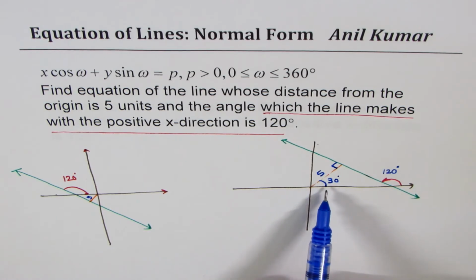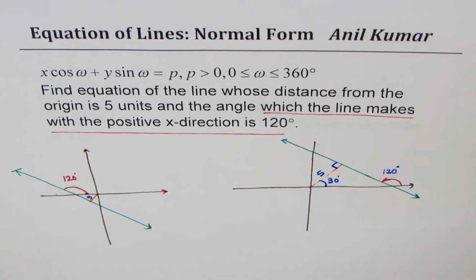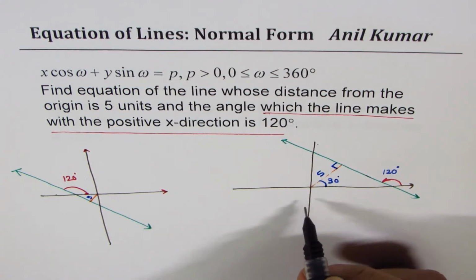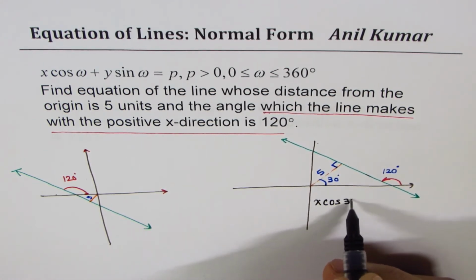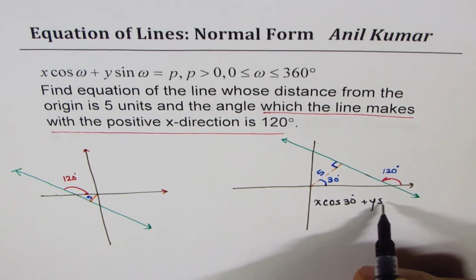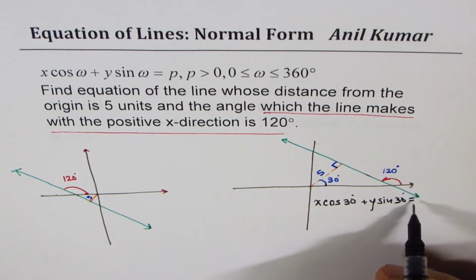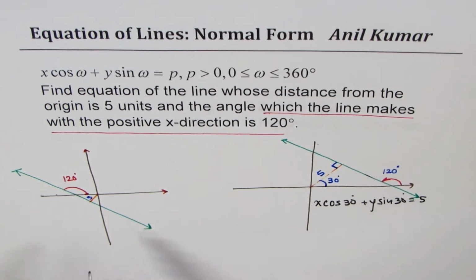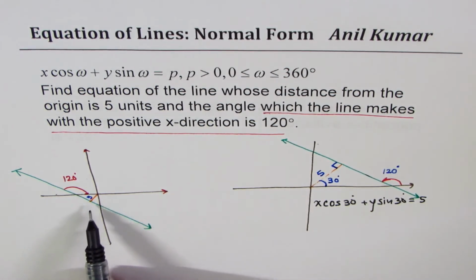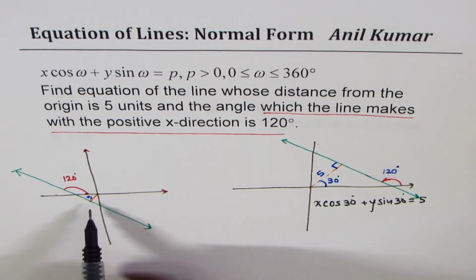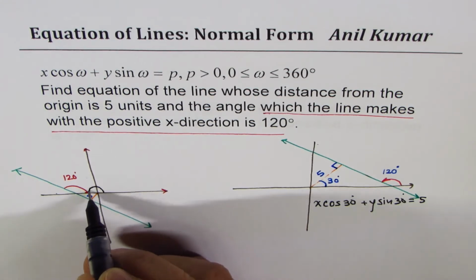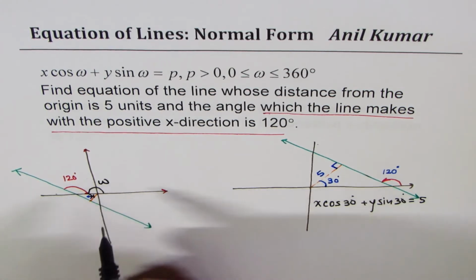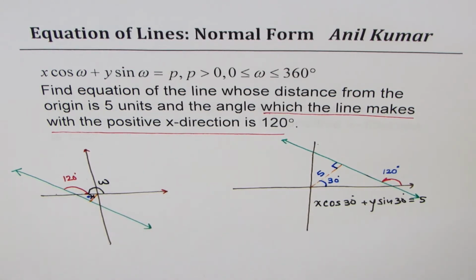So of course in the first case, since the angle is 30 degrees, I could have written this equation as x cos 30 degrees plus y sine 30 degrees equals the distance 5. In this particular case, as you can see, the angle is not 30 degrees. It is this angle, that is omega, the angle in this case.